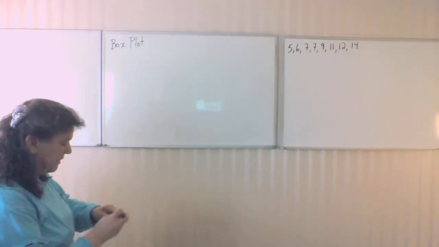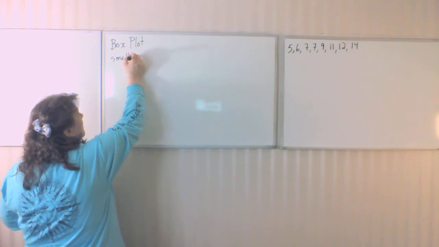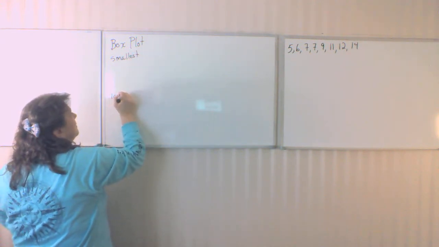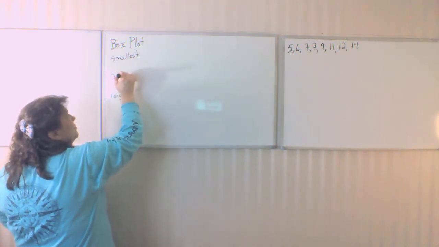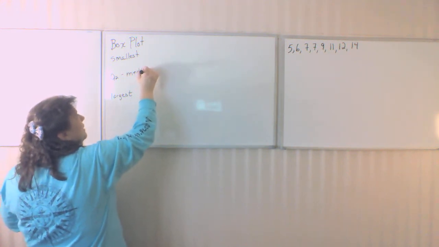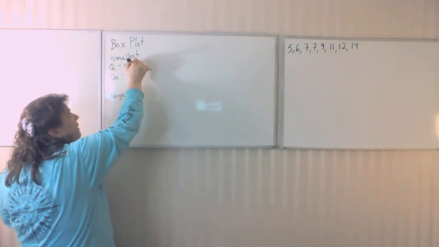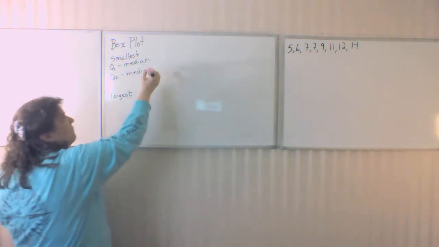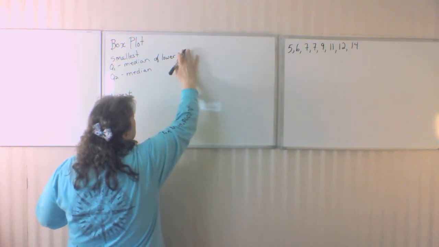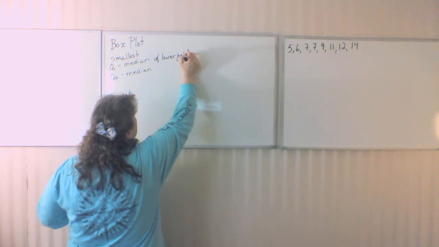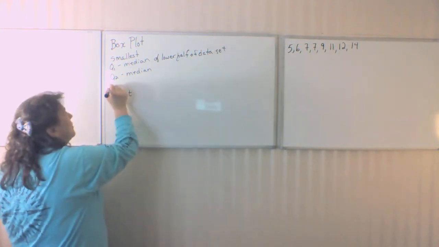five distinct numbers, and those numbers deal with the smallest number, the largest number, the median, which is the Q2, and that's the median of the entire data set, the Q1, which is the median of the lower half of the data set, in other words, the lower values, and the Q3.